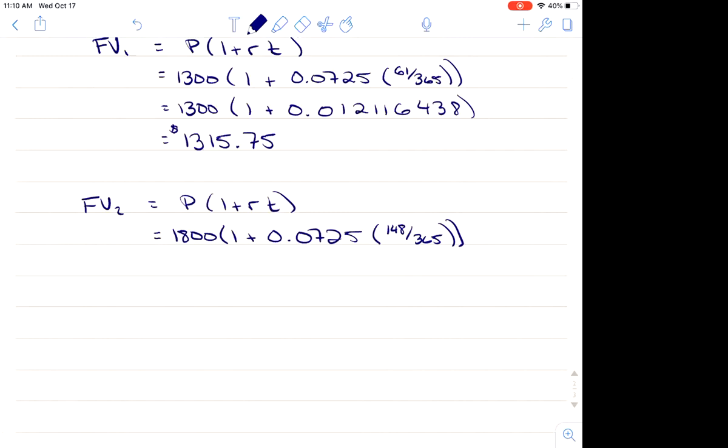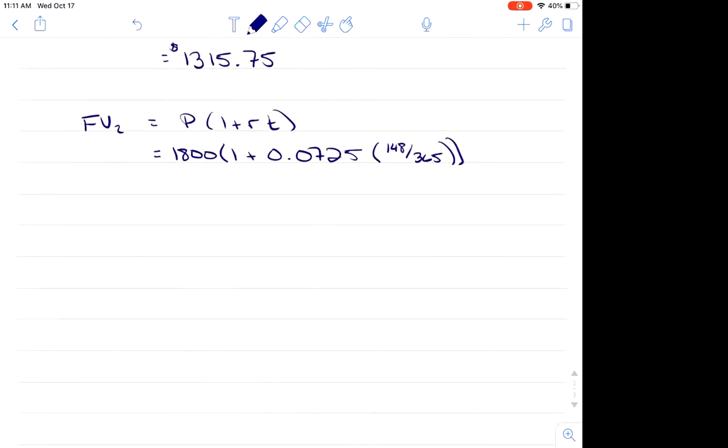So 148 divided by 365, and then times 0.0725. Get that out of the way. Heck, why not jump straight to the big guns? 1800 times 1.02939726. Getting a little impatient as we go along.